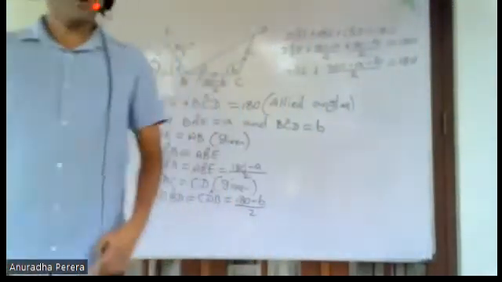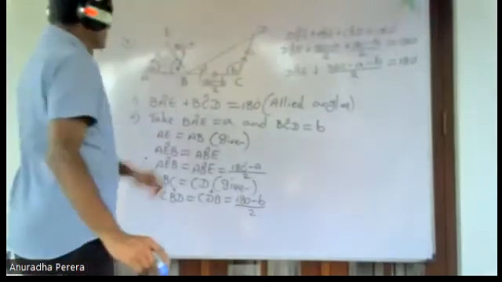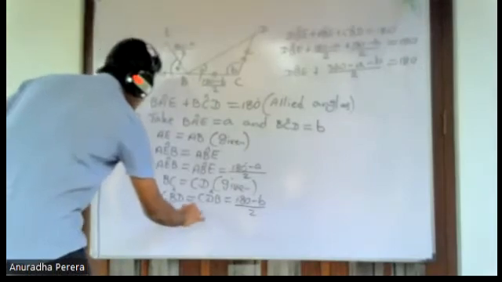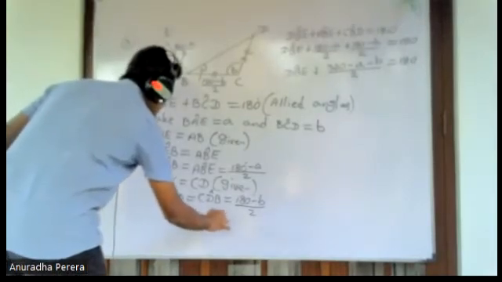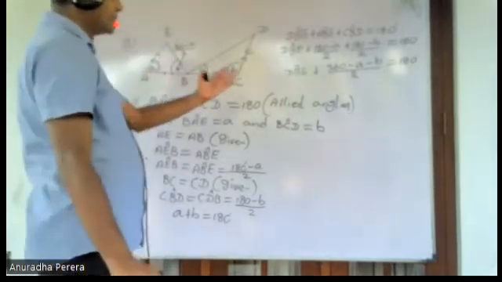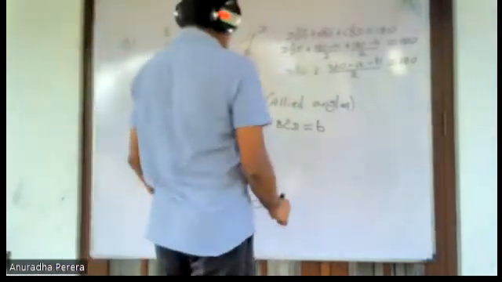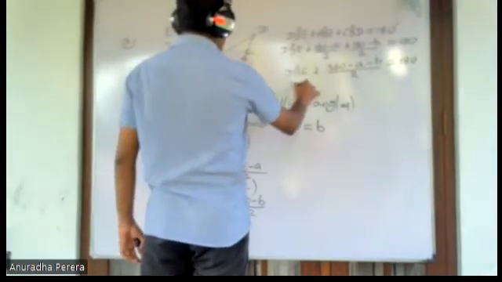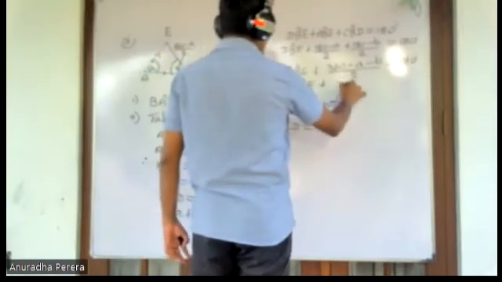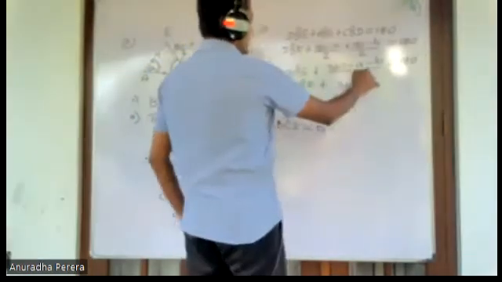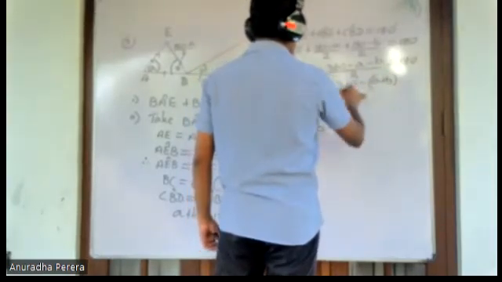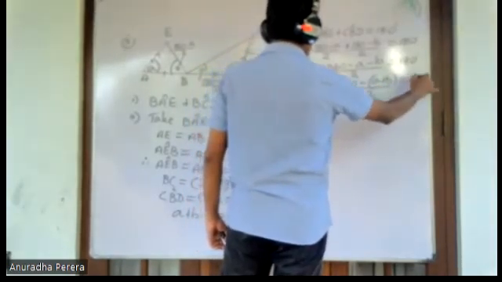And what can you say about A plus B? A plus B is 180. We found it, allied angles. You can substitute it. DBE plus 360, then you can take the minus sign as a factor, (A plus B) over 2 equals 180.